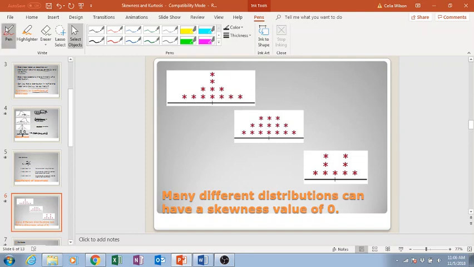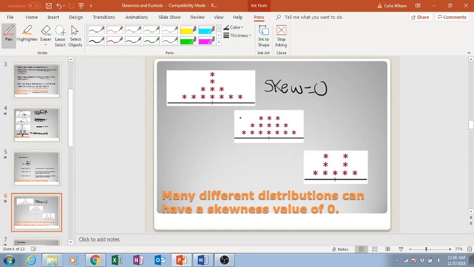So in this case, skew equals 0. Same here, skew would also equal 0 if we folded it in half. And the same thing here, if we folded this distribution in half, it would also be symmetrical, right?